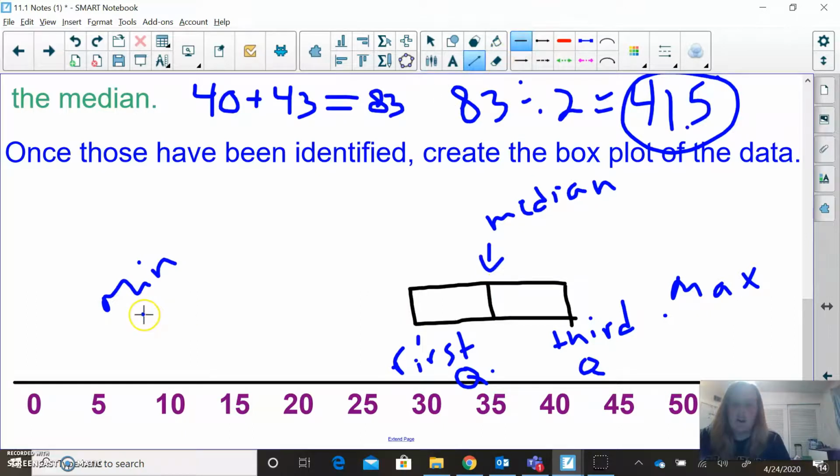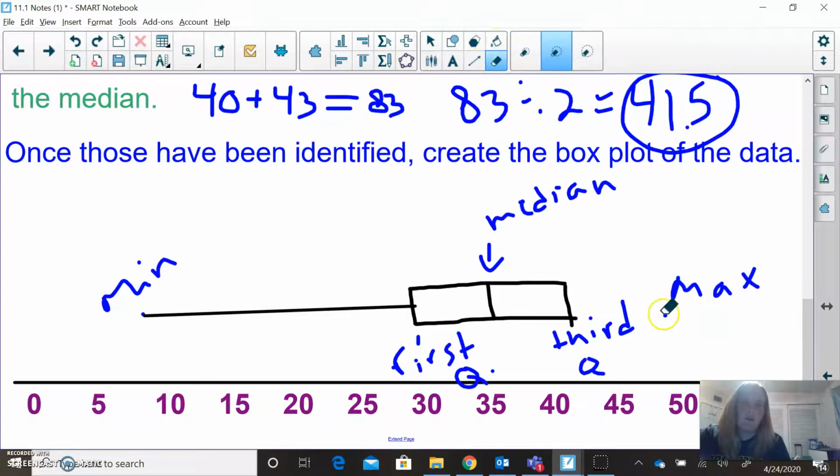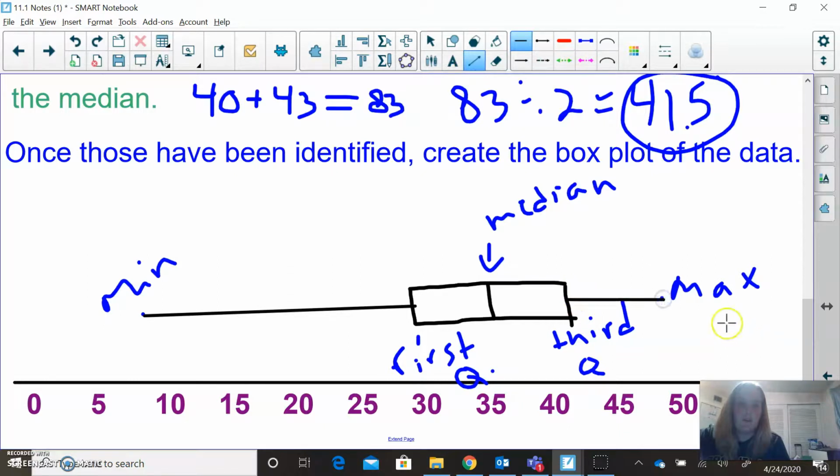So you're going to connect this dot to the box. I should have made the max value a little higher, so I'm going to make that dot a little higher. Then you draw the line from the box to the maximum.